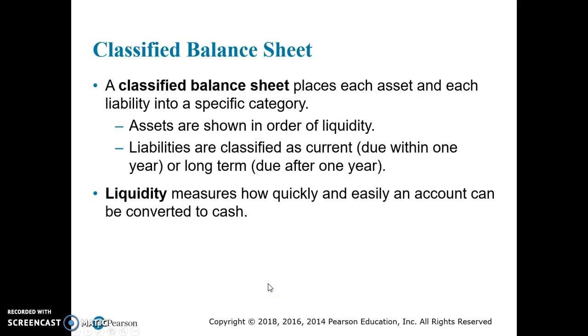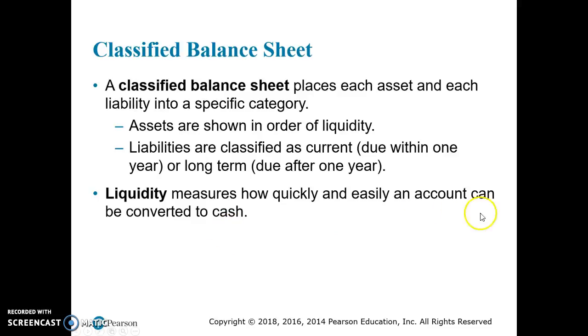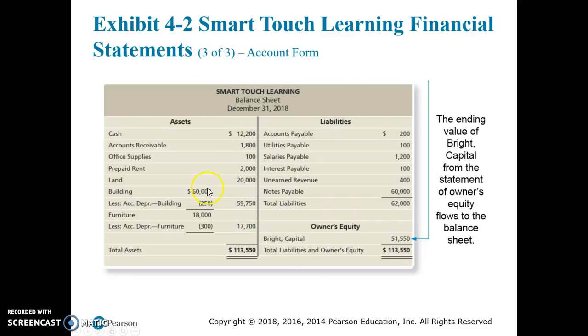So if we take a look, we're going to separate this out so that we can look at our current assets, our property, plant, and equipment, our intangible assets, and then we'll also look at what part of the liabilities is current, what part is long-term.